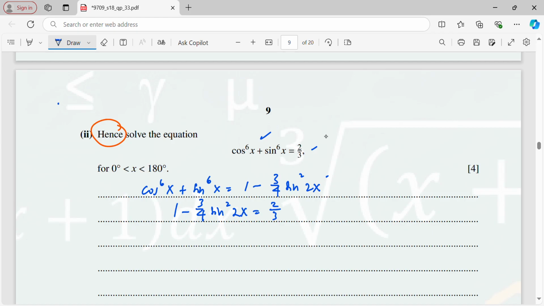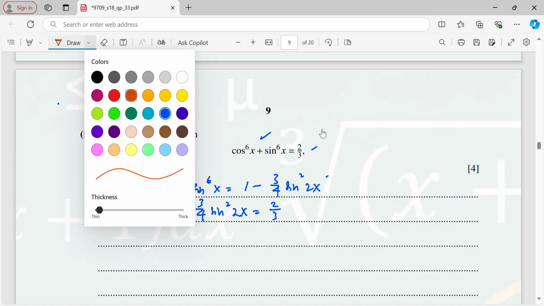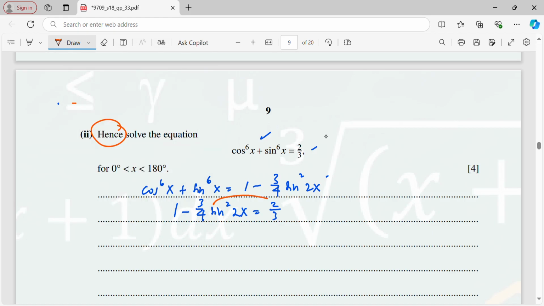Okay, so now to solve this, I will move this negative term to the right side, and the 2 over 3 will be moved to the other side, which means now here I will be getting 3 over 4 sine squared 2x, that is 1 minus 2 over 3. So 1 minus 2 over 3 is basically 1 over 3.